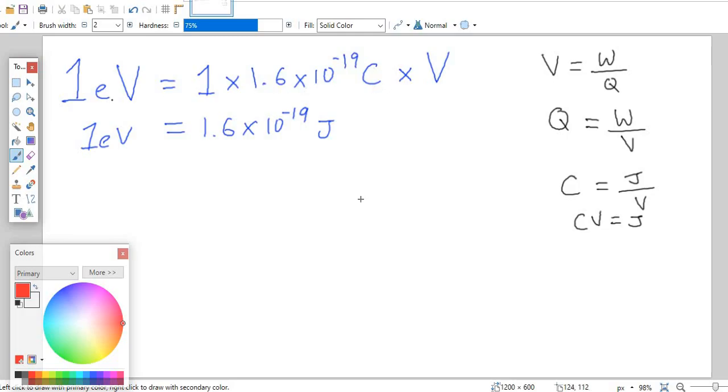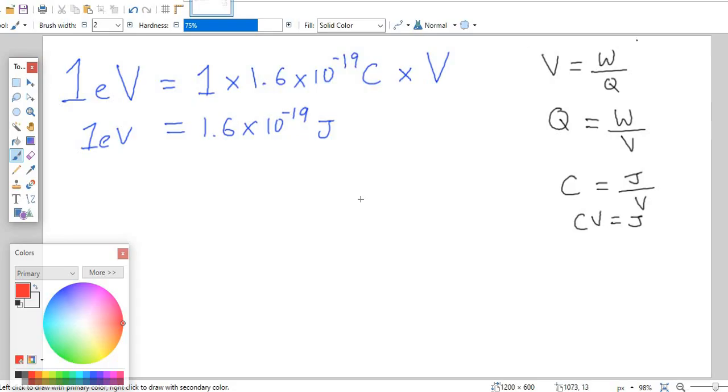And then again there is a multiplication sign there, that is the multiplication sign here. Then we have capital V, the unit of voltage, volts. Then you can see I have here 2 units now. Coulomb volt. Coulomb volt is joule. So 1.6 times 10 to the power minus 19 joules is equal to 1 electron volt.